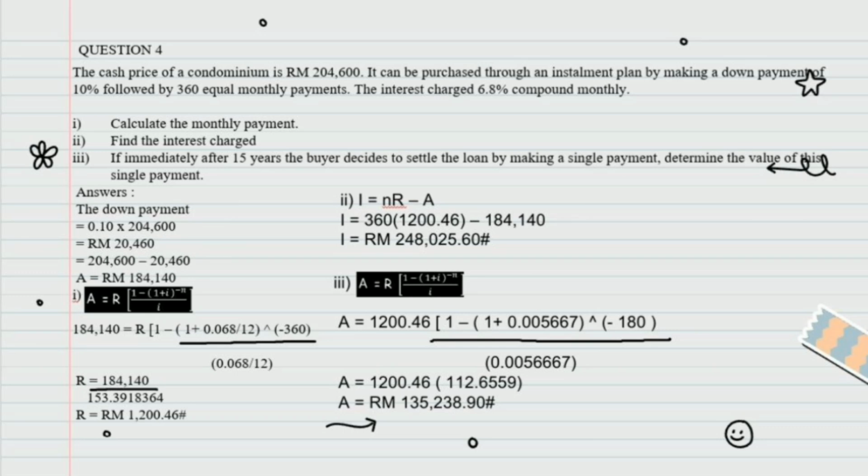Okay, and the last question. I use the formula A equals R[1 minus (1 plus i) to the power of negative n divided by i].